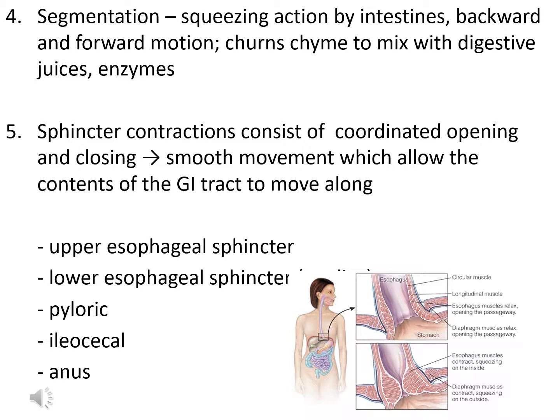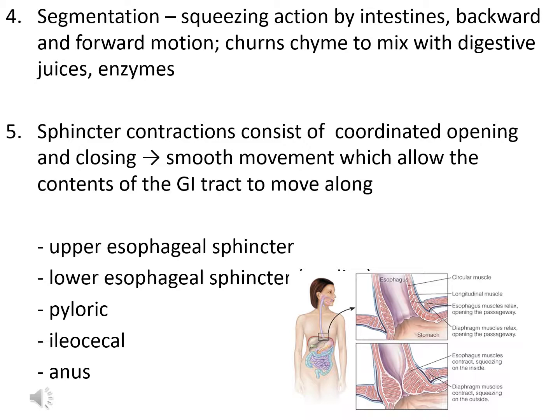The last muscular action to note are what are referred to as sphincter contractions. And these sphincter contractions consist of a coordinated opening and closing of certain areas along the GI tract. This coordinated opening and closing allows for the contents of the GI tract to move forward.